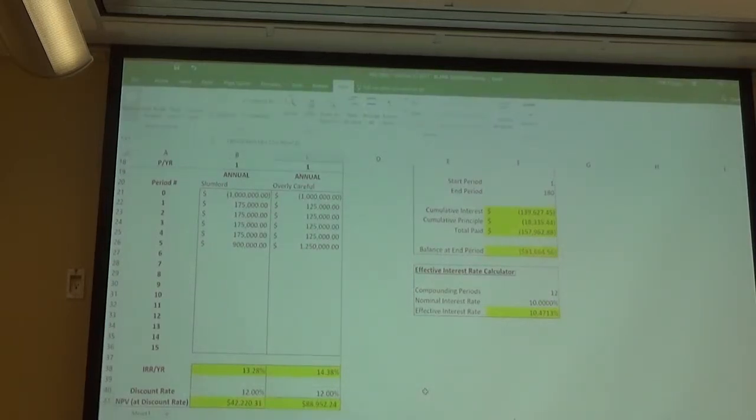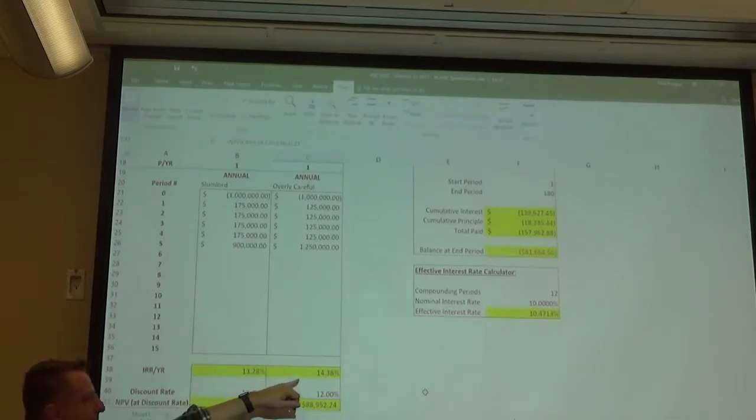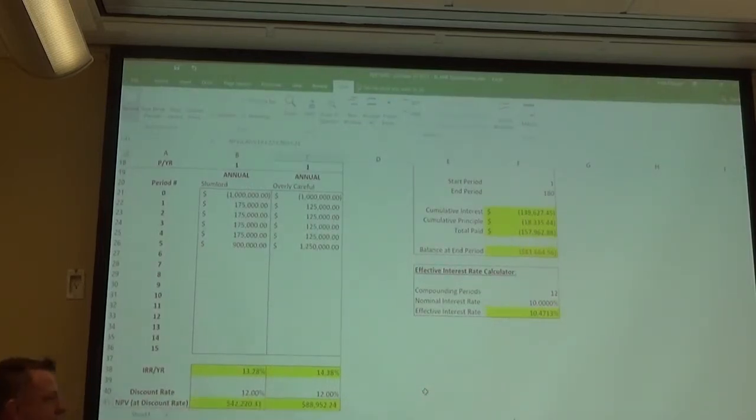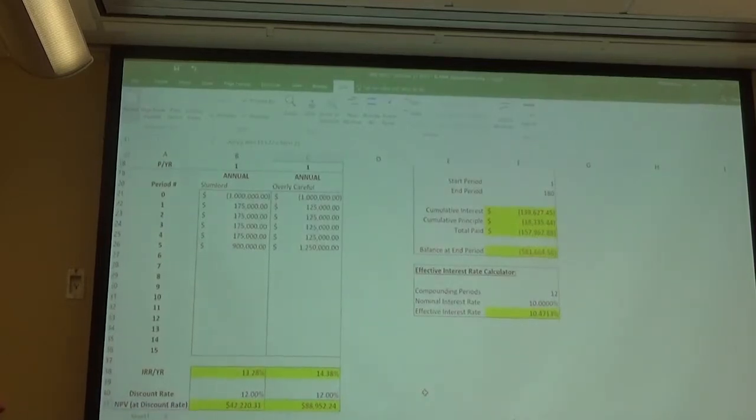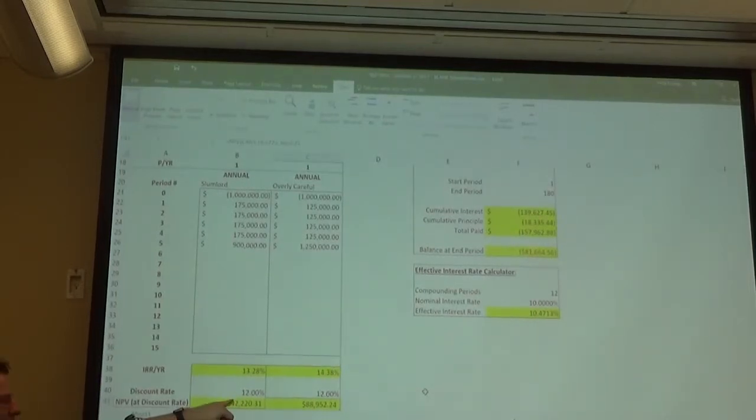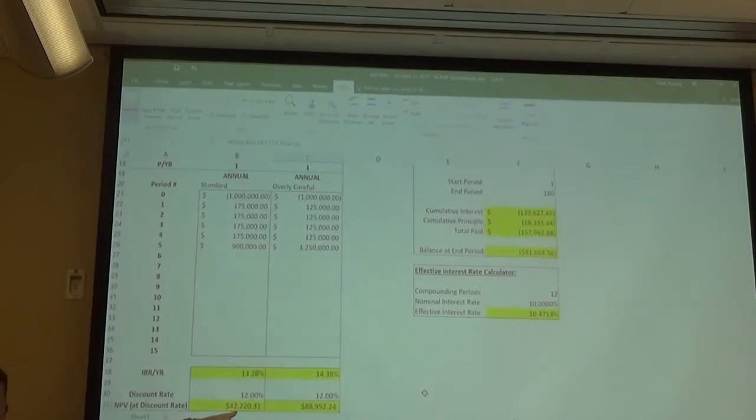If we're happy with 12%, then we're still generating a 13% return there and a 14% return there, but we've set our new threshold as an investor at 12%. We have jumped over that hurdle of 12%, and we are generating positive extra cash flow above the 12% of 42,000.